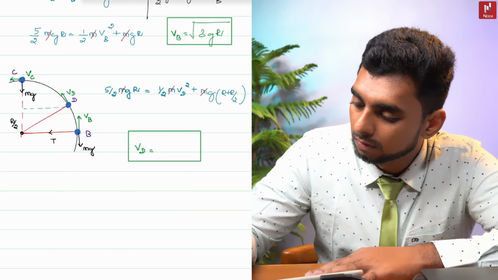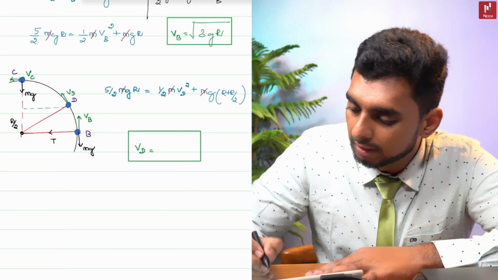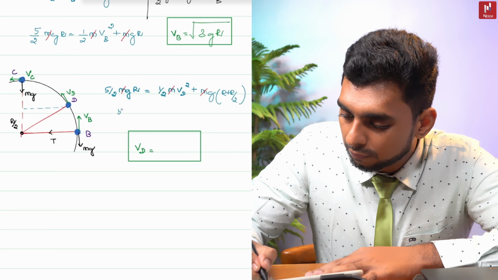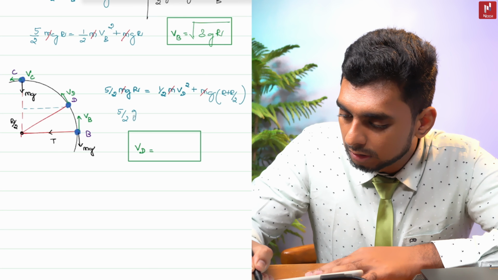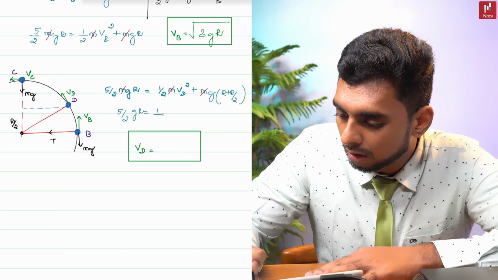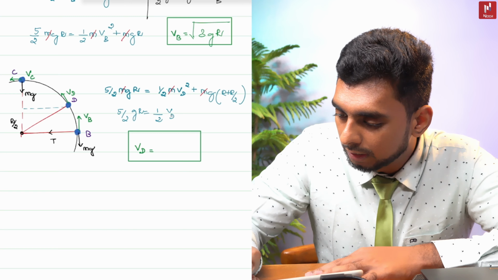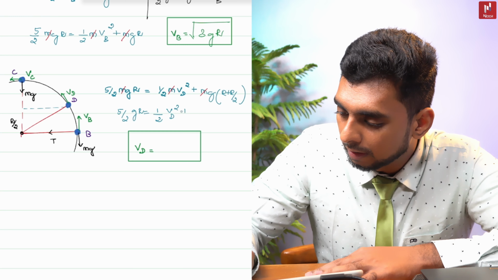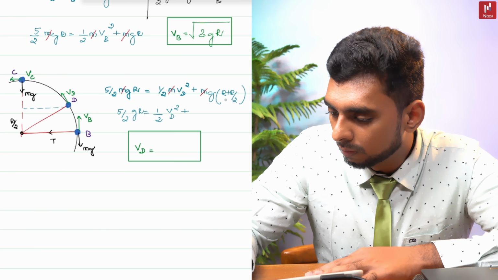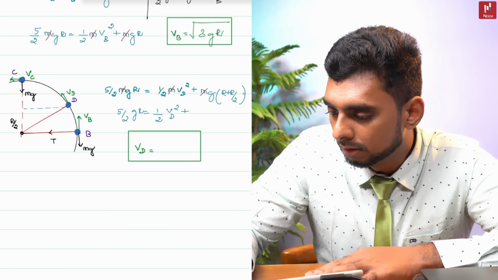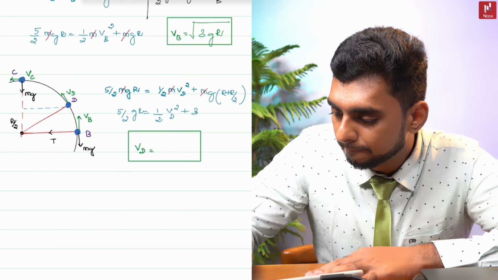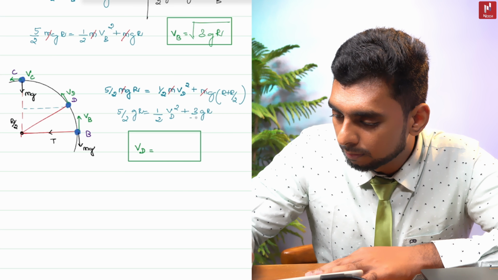So what will be left is 5 by 2 gr, which will be equal to half vd square plus 3gr by 2.